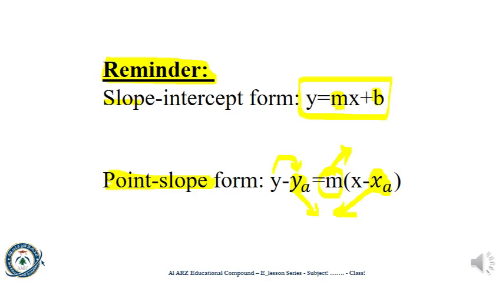It comes as y minus something, as I said in the previous video, and x minus something. We will talk about this idea later, but you need to understand from the beginning that this form comes as y minus something and x minus something.